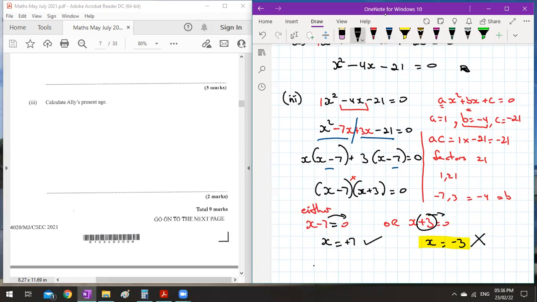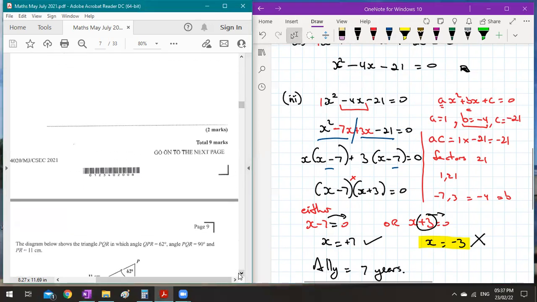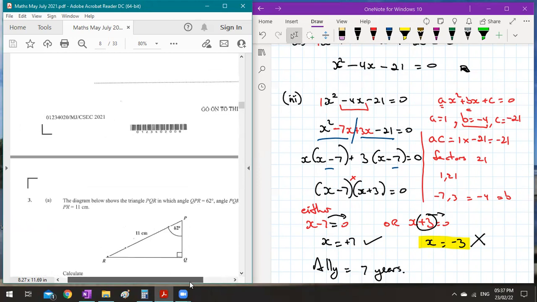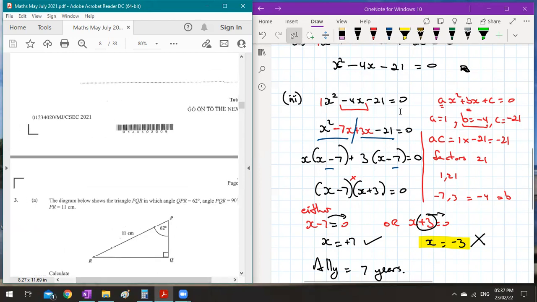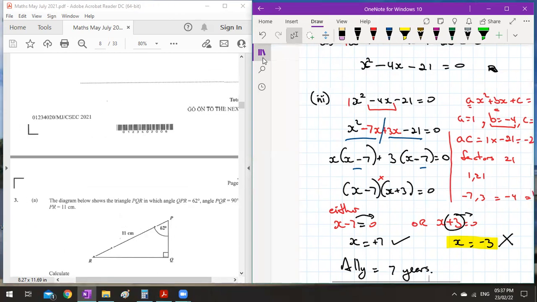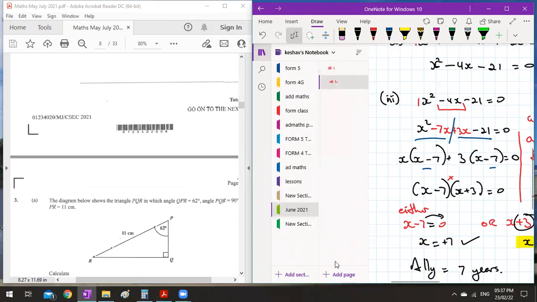So this is the answer. Ali is 7 years old. There's a lot of work to get to that. That's the end of the question. We'll move on to question 3.